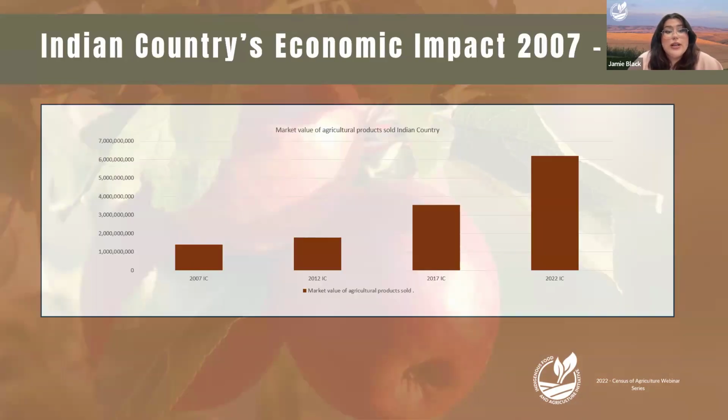And so what this economic impact means is, since 2007 we saw the growth starting at 1.3 billion, and in 2022 it was all the way to 6.1 billion. So that's almost a $5 billion difference.